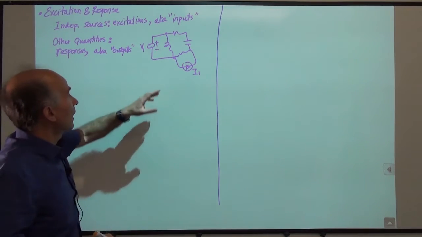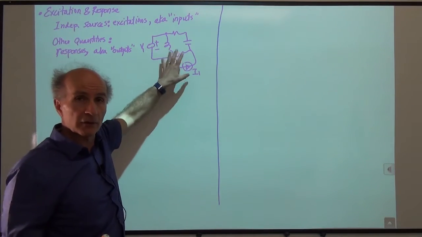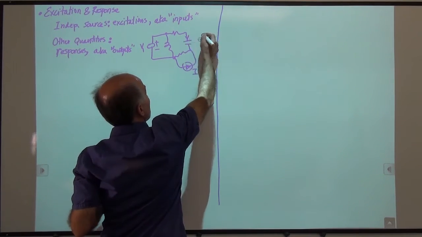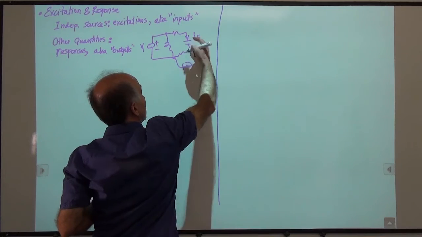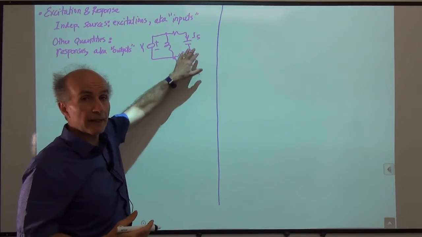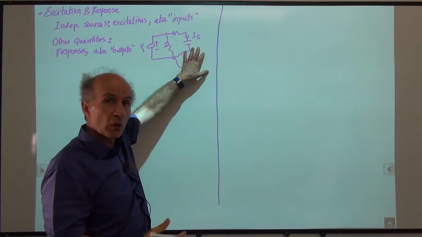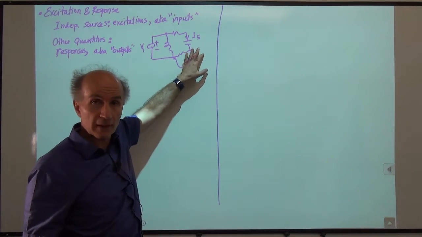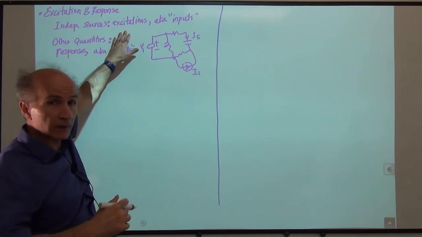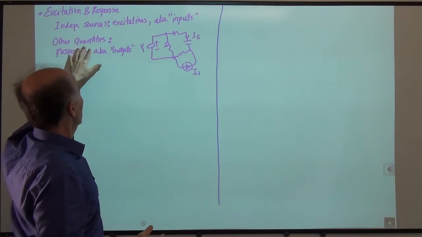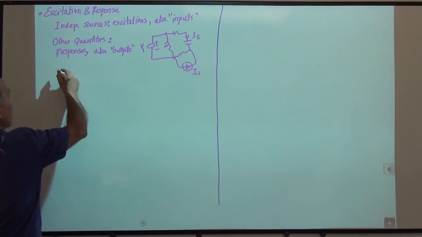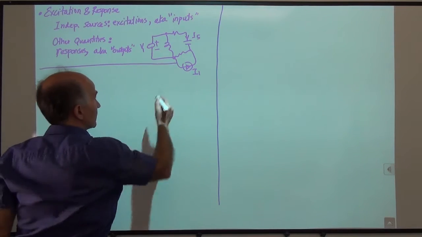So for example, I have V1 and I1, and as a result of these excitations, there's a current here, right? Some current, call that I5. This current is a result of these two. So that is called the response of the system, or it's called the output of interest in the system. So from another perspective, excitations are the cause and responses are the effect. So we just have to remember those.